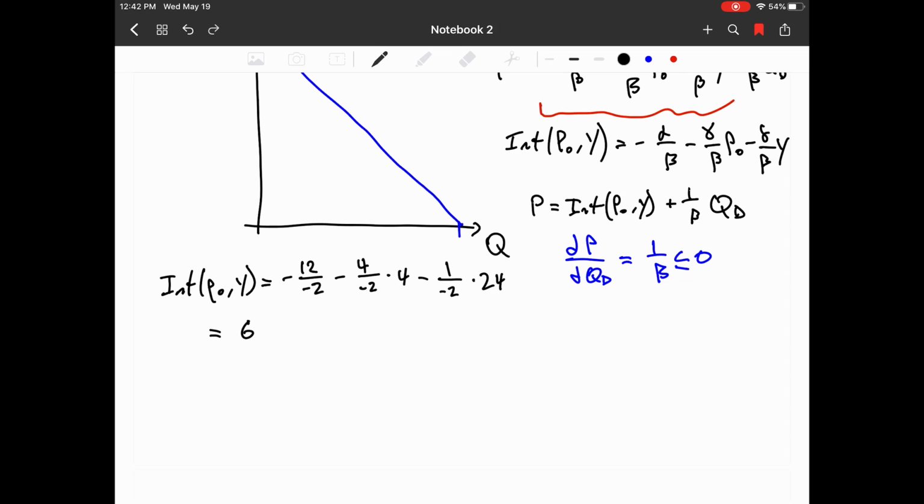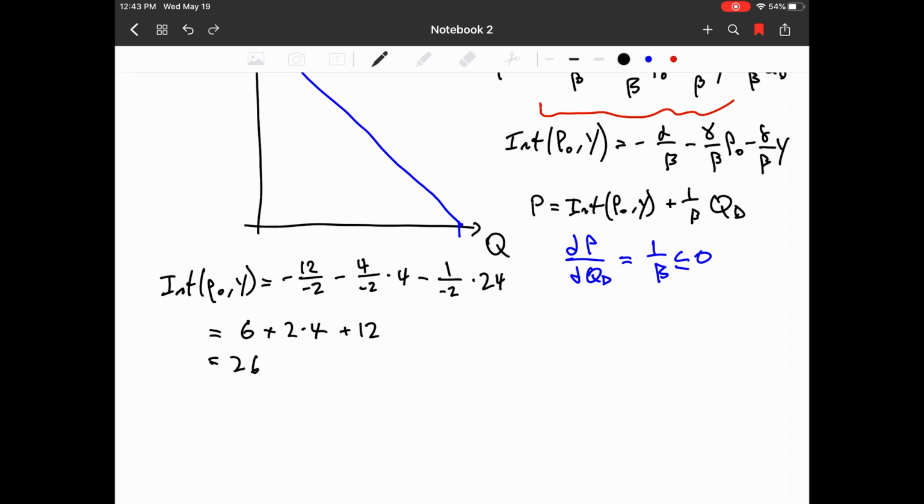Again, negatives cancel. So we have 4 divided by 2, which is 2, times 4, which is going to be 8. And lastly, we have 24 divided by 2, which is 12. So that just comes out to be 6 plus 8 plus 12, which comes out to be 26.